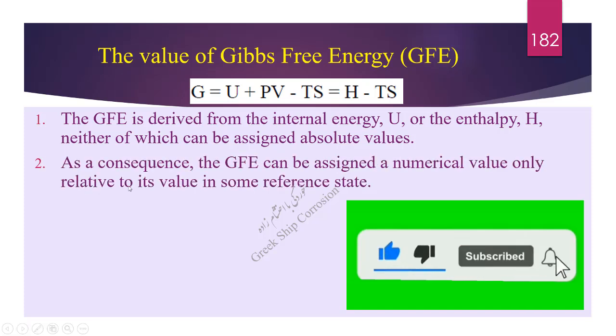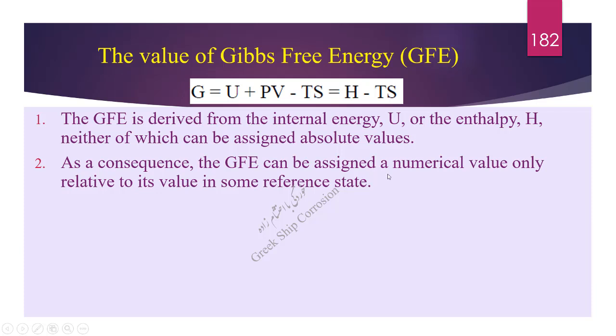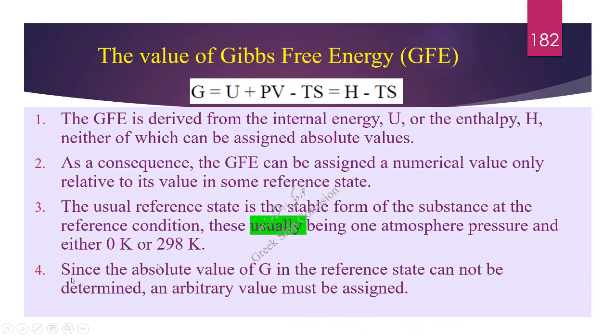2. As a consequence, the Gibbs free energy can be assigned a numerical value only relative to its value in some reference state. 3. The usual reference state is the stable form of the substance at the reference condition, these usually being 1 atmosphere pressure and either 0 Kelvin or 298 Kelvin. 4.